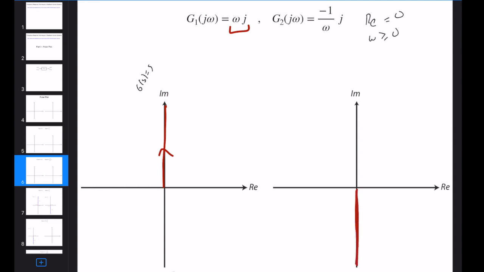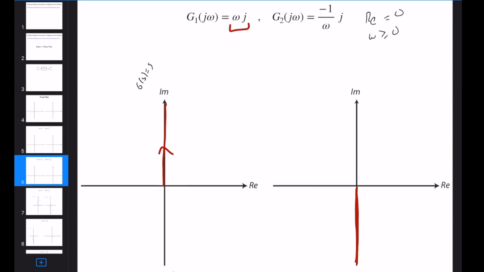Now let's look at the direction. When omega is equal to 0, G2 of j omega is going to minus infinity j. So we will be here. In this direction, omega is going to 0.